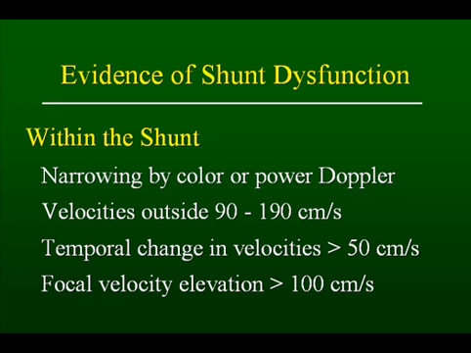You can get a temporal change in velocities exceeding 50 centimeters per second, and by that I mean a change in the absolute velocity from one study to the next that exceeds 50 centimeters per second. Or you can see a focal velocity elevation within the shunt during the performance of a single examination. So as you're stepping through the shunt, you get a velocity elevation in excess of 100 centimeters per second.